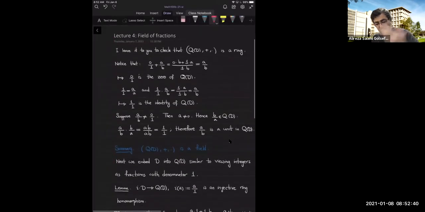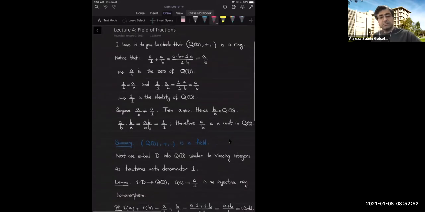Okay, so in order to show that we are getting a ring, we have to check many things. For instance, why do I have a 0? And again, similar to rational numbers, we know a 0 should be 0 in the numerator and denominator arbitrarily. So let's actually check it for denominator 1.